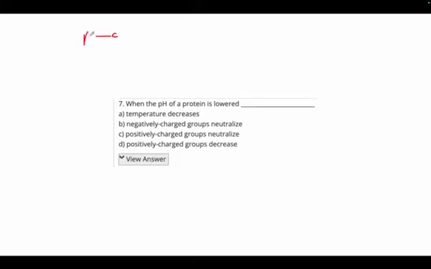You will have the amino group, you will have the carboxyl group, and you have the R group, and sometimes the R group will also be ionizable. And the overall charge on the protein is basically coming from what is the charge on the R group and what is the charge on these two ends.